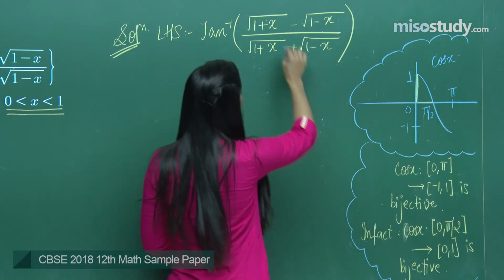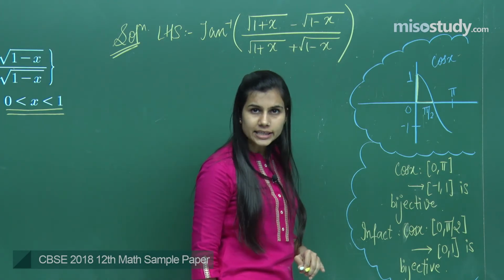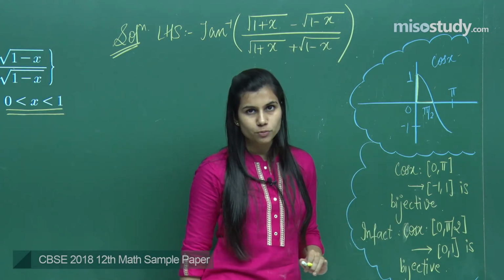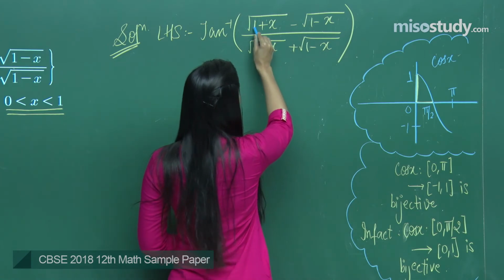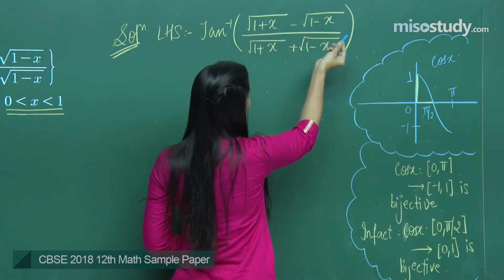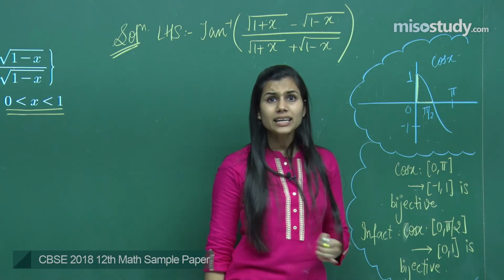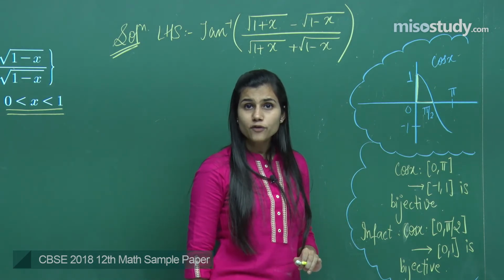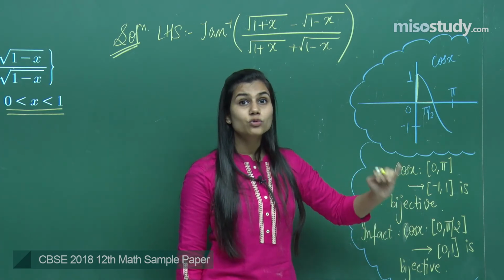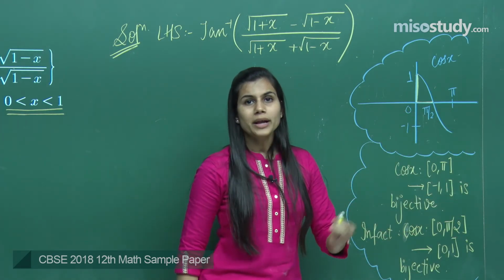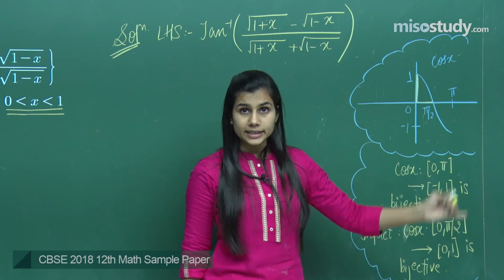But over here, if I replace x by cos theta, where theta is coming from 0 to pi by 2, I will be left with 1 plus cos theta, 1 minus cos theta. Then how to proceed? Well, I have the formula 1 minus cos theta is 2 sine squared theta by 2, and 1 plus cos theta is 2 cos squared theta by 2.